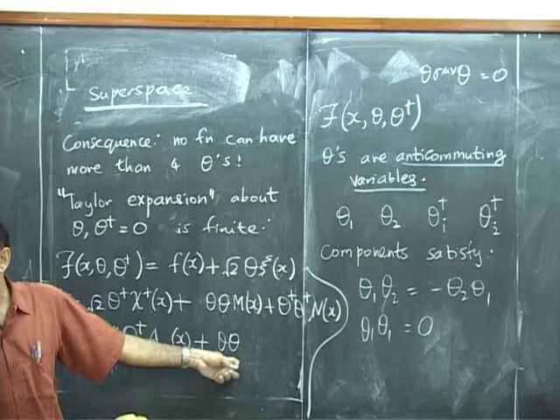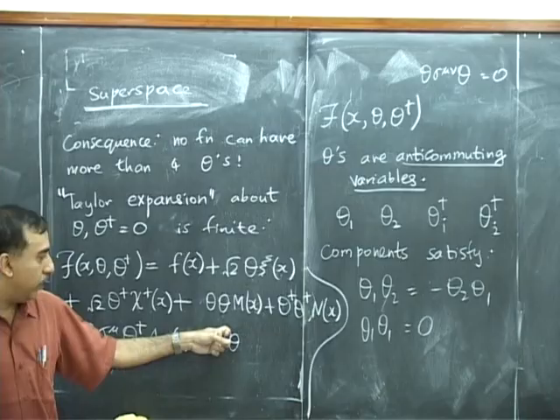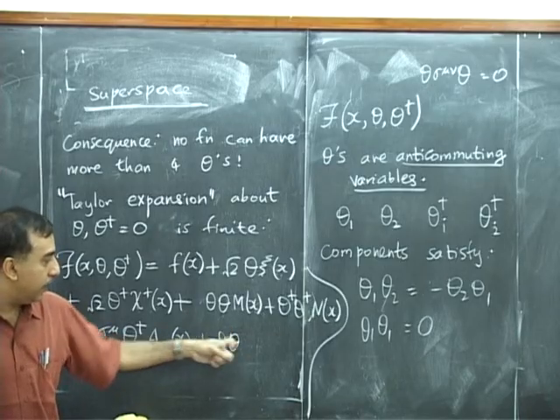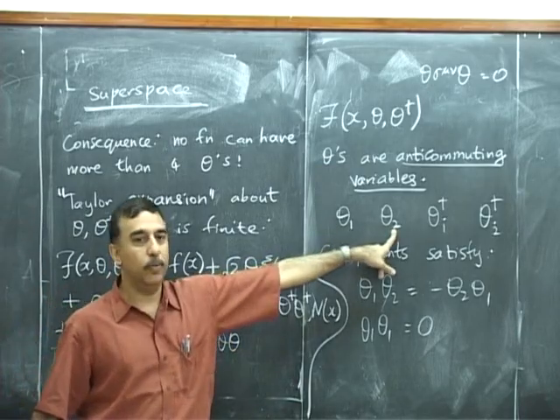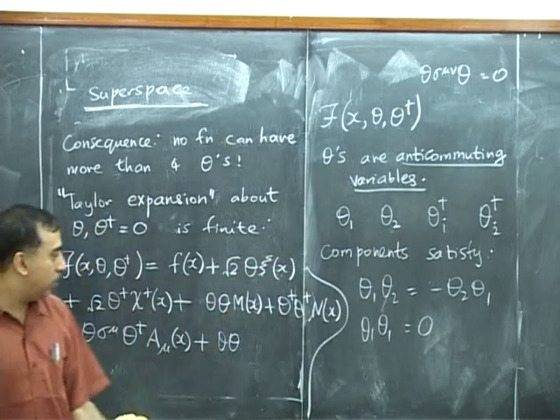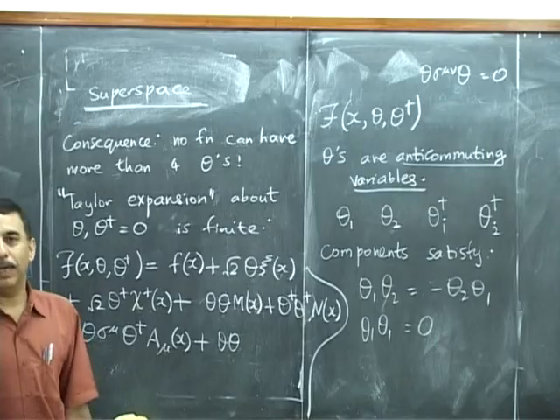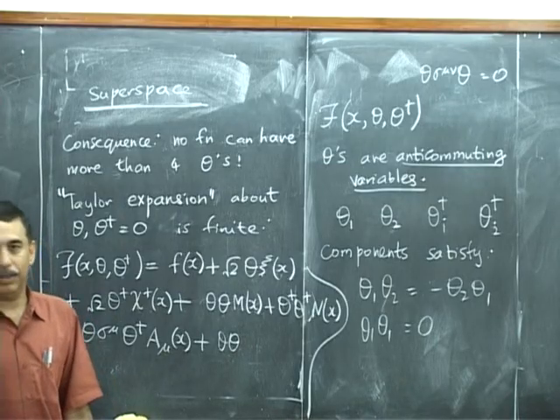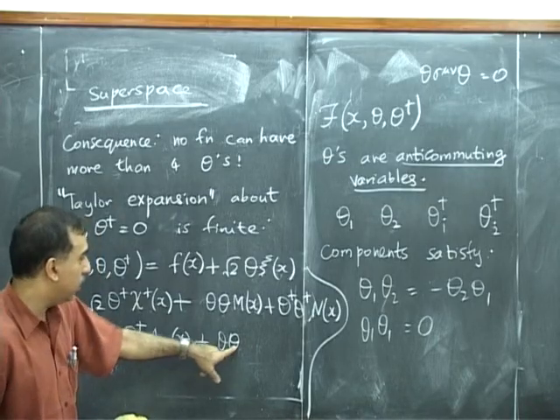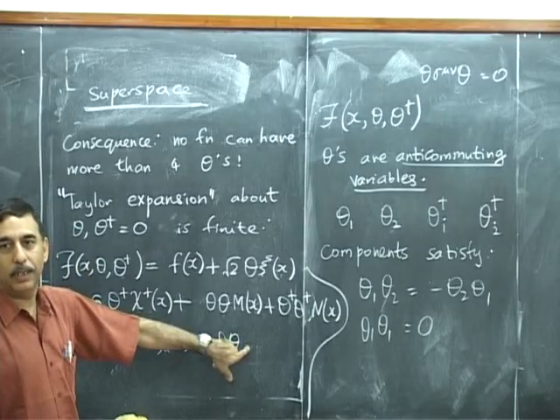Because of the raised and lowered indices, this is really theta 1, theta 2 in components. Okay? And that's why this thing isn't 0. It's only in components you can be sure whether something has to be 0 or not. Since this is theta 1, theta 2, there can't be a theta 1 or a theta 2 here.